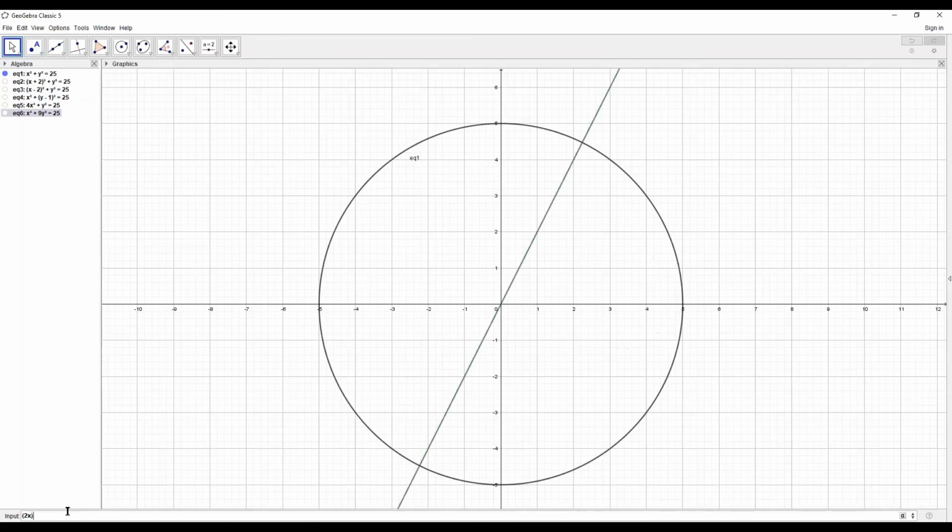So here, if we input the square of 2x plus the square of 3y, it'll be half the dimensions in the x-coordinate and a third of the dimensions in the y-coordinate. And there we have it, our ellipse.